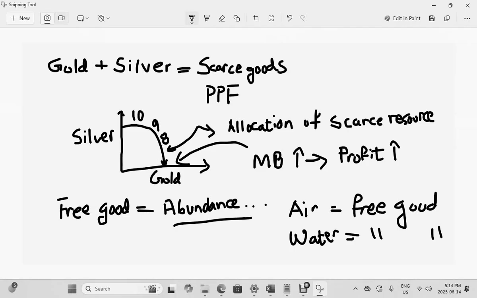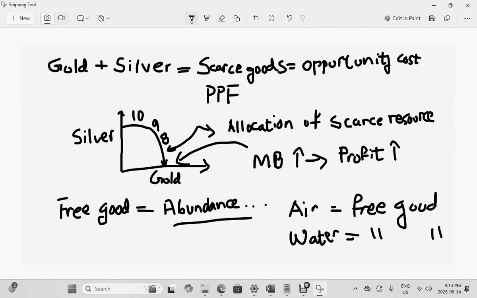The easy way to remember this is to understand that scarce goods come with opportunity cost. For example, when it comes to gold and silver, the opportunity cost of producing gold would be silver, because you're giving up silver for gold when it comes to production.